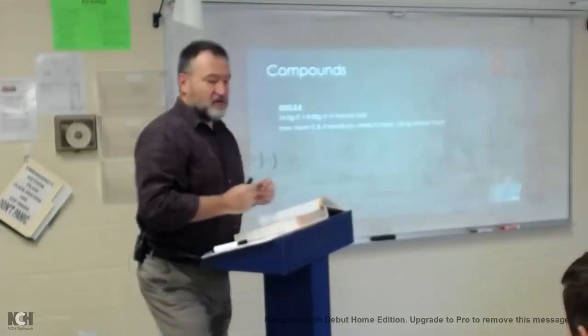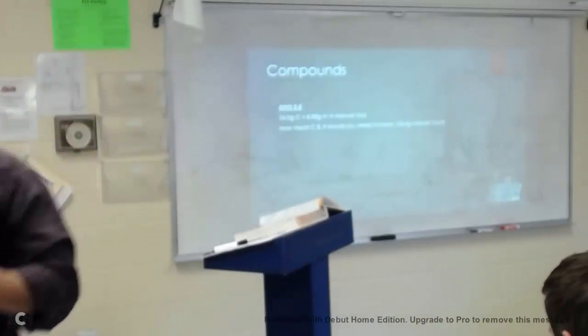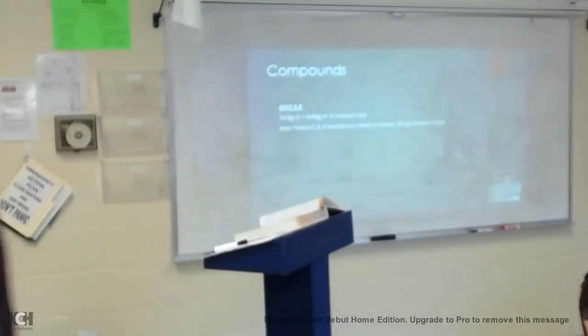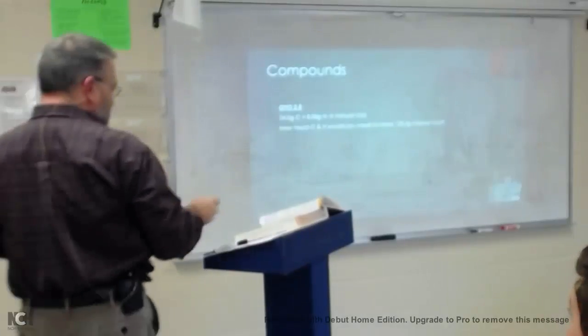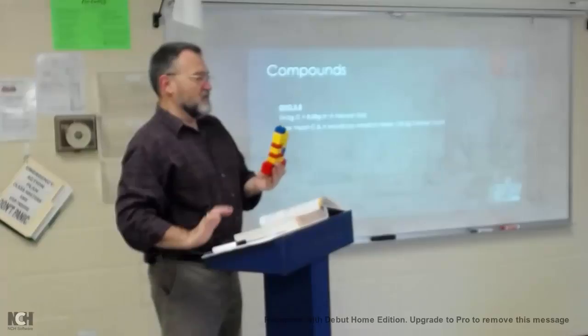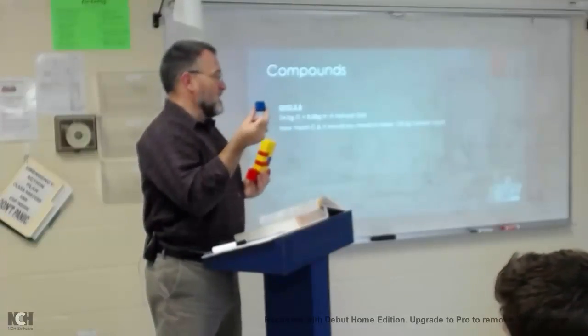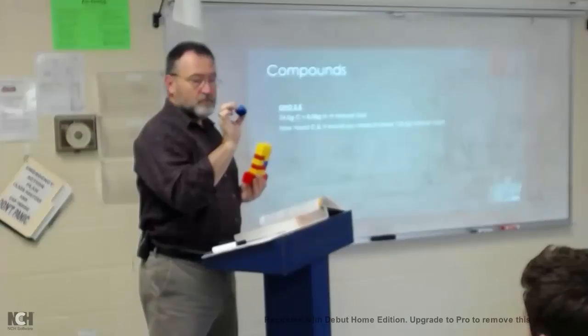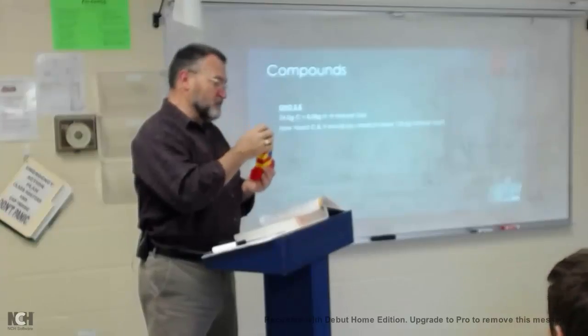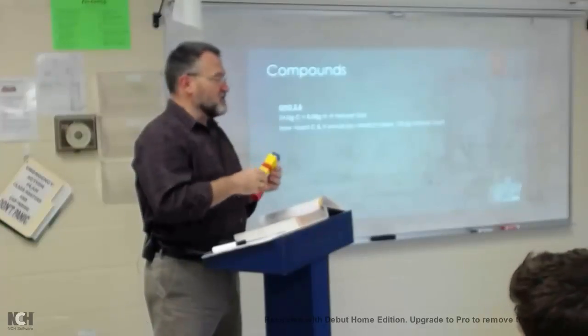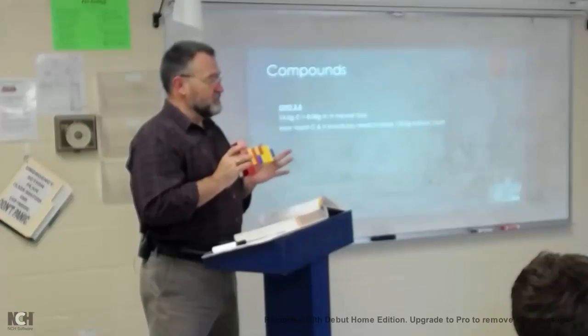So using the analogy of our Duplos, if you think of each block as being an element, then each piece, the smallest indivisible piece of the element is the atom. The atoms combine together to form a structure, and that structure is a compound.